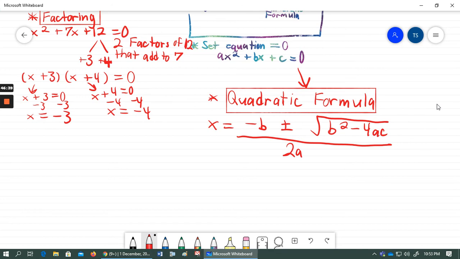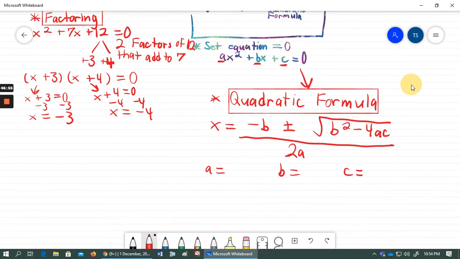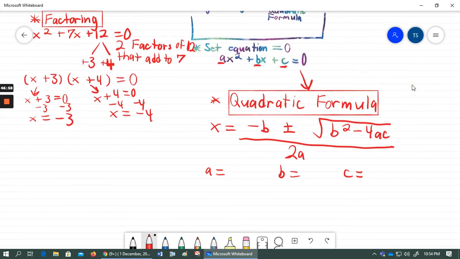Guys, remember that the first thing with doing the quadratic formula is making sure that you know what your a, b, and c are. If you've already got your equation in standard form, which this one was, we had x squared plus 7x plus 12.